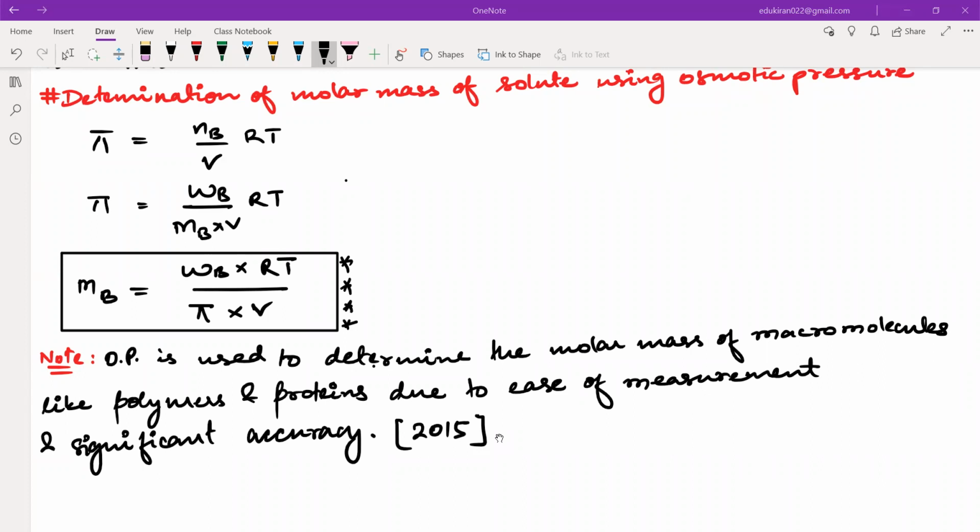Can you repeat the question which you told? The question was asked: which colligative property is used to determine the molar mass of macromolecules?